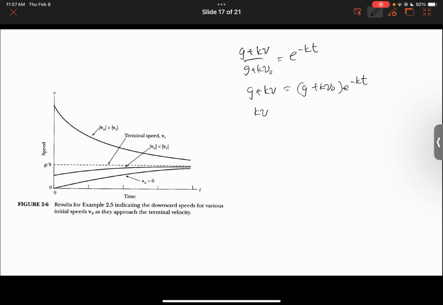So, kv is equal to g exponential minus kt minus g plus kv naught exponential minus kt. Wala akong ginawa dyan kundi ilipat lang yung g sa kabila. Then divide everything by k. So, g over k times exponential minus kt minus 1 plus v naught exponential minus kt.